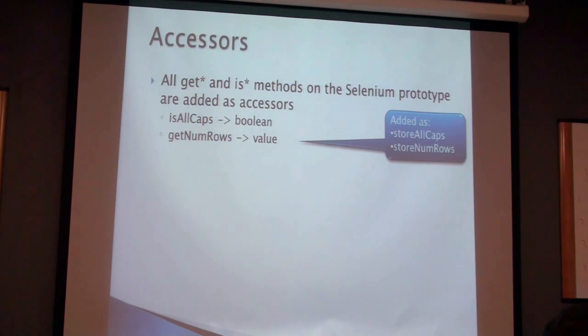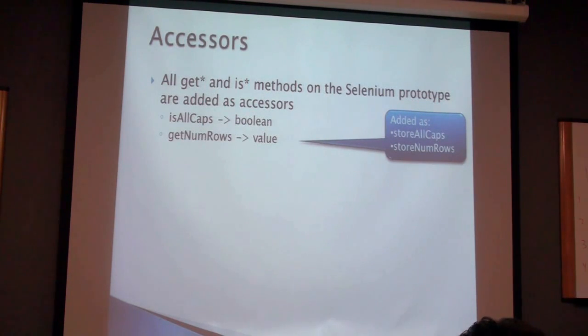So get all caps, right? Or is all caps. Make sense? So in this case, if you have is, it's going to be a Boolean. Boolean means true or false. So you're verifying that it's either true or it's false. So for example, you have some text and you want to verify that it's in all capitals. You would say is all caps, right? And then you would pass in the locator of that text. And if that text is not all caps, it would return false. So that means your assertion will fail, for example. Make sense?